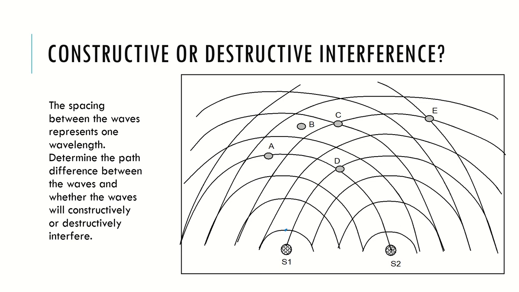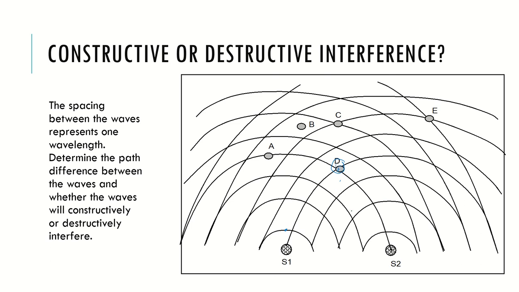So determine the path difference between the waves at the different points and whether the waves will constructively or destructively interfere. So let's just start with point D. So imagine these are wave fronts. So if that's 1 wavelength, 2 wavelengths, 3 wavelengths, 4 wavelengths, and this is 1, 2, 3, 4.